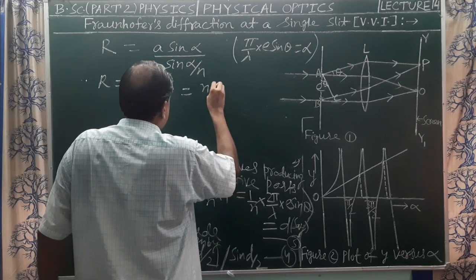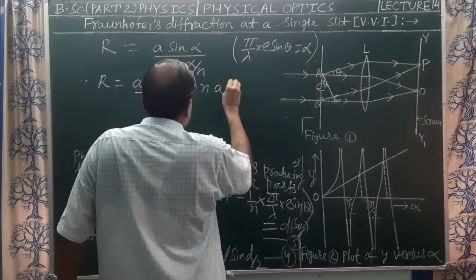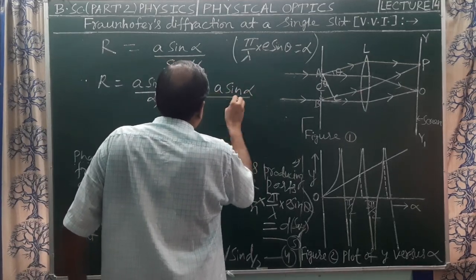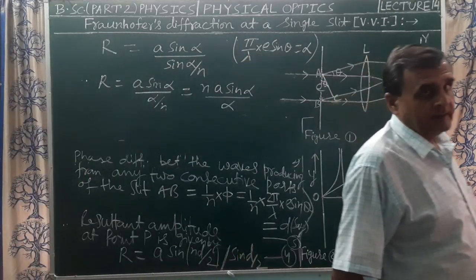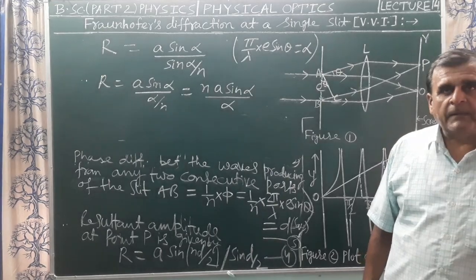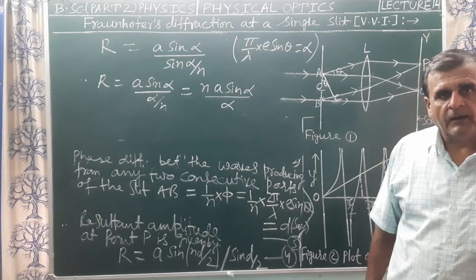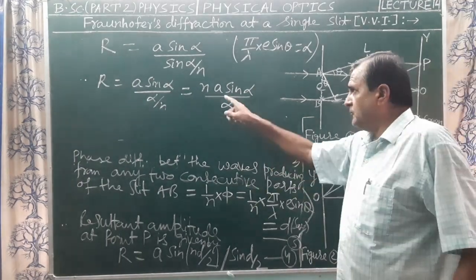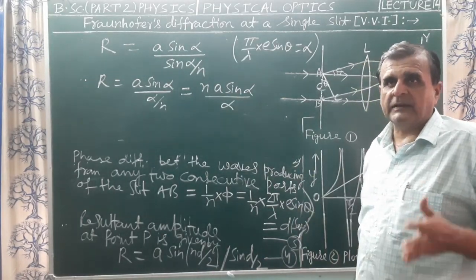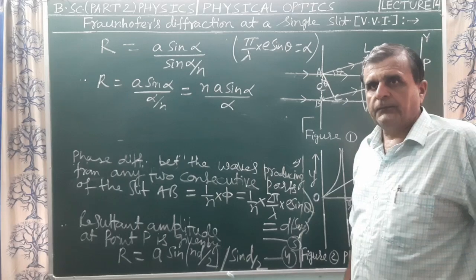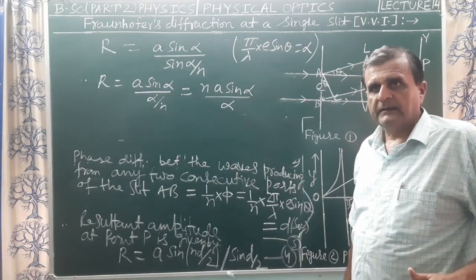equals n a sin alpha upon alpha, since n is multiplied in the numerator. Let n into a be the amplitude of the light wave produced from each part of the slit. So n is the total number of parts of the slit, and n into a is the total amplitude of all secondary light waves produced from the entire slit.